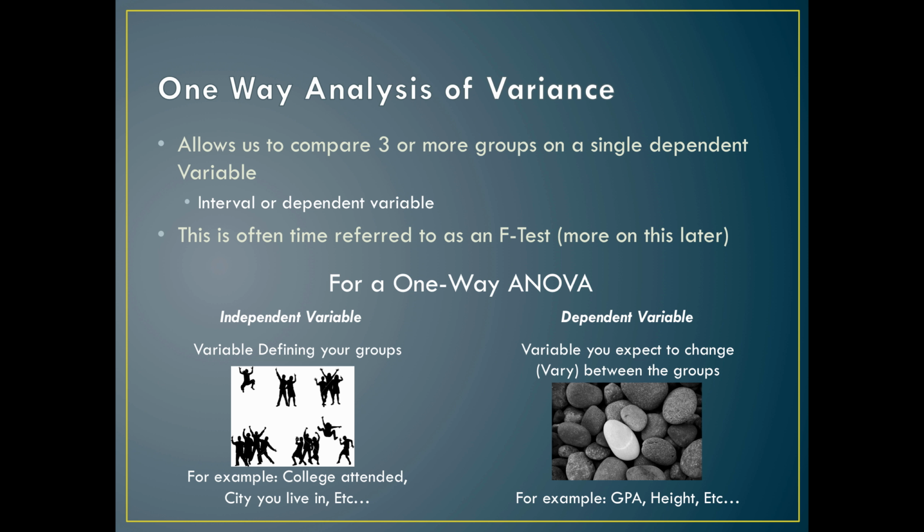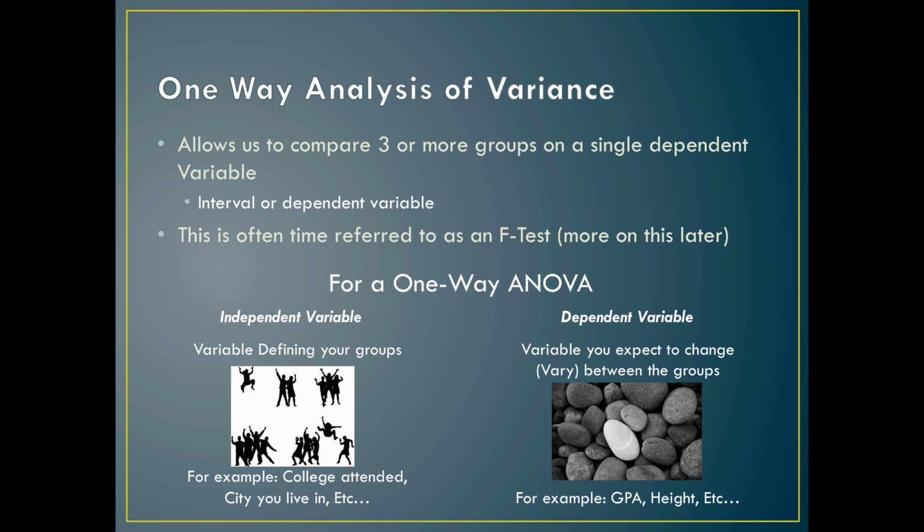Once again, a very important thing about running an ANOVA is, besides having three groups, the dependent variable, the one that you're actually comparing your three or more groups on, has to be measured at an interval or ratio level, meaning it has to be a real number.